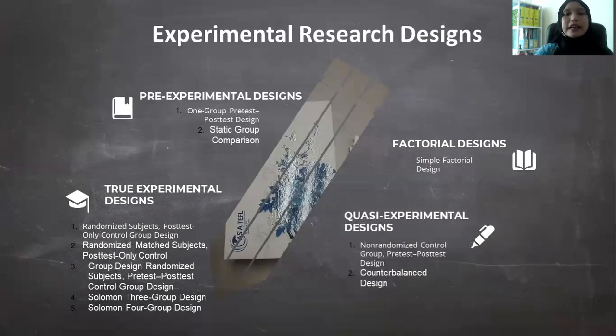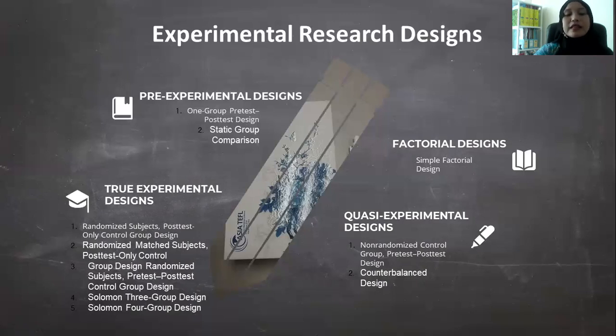The last one of the experimental research designs is quasi-experimental design. There are 2 types of this design, that is non-randomized control group pre-test post-test design.